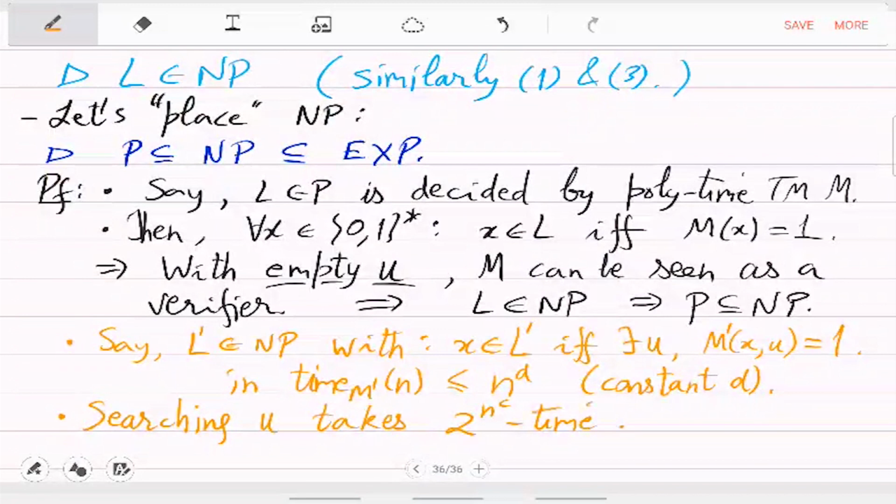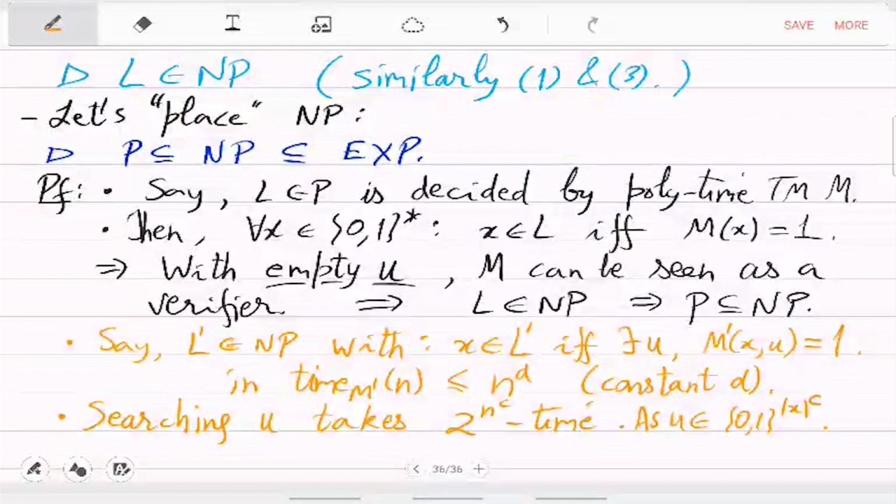U is a string of length n raised to c, so you can search for it. This is basically coming from here: U is in {0,1} to the n to the c. So, if you search in the whole space, then it is 2 raised to n raised to c time.